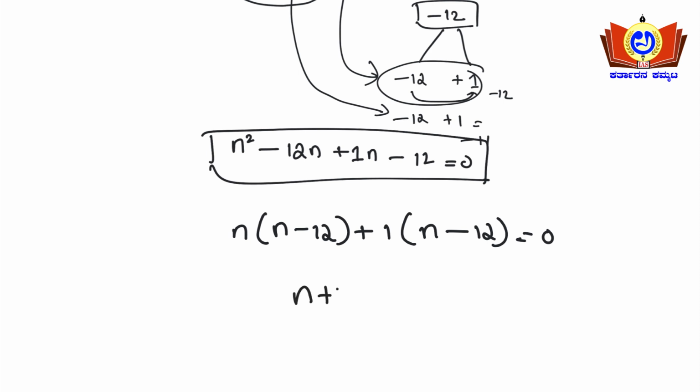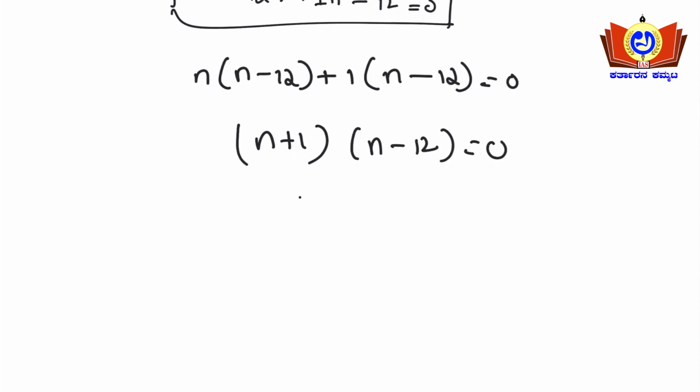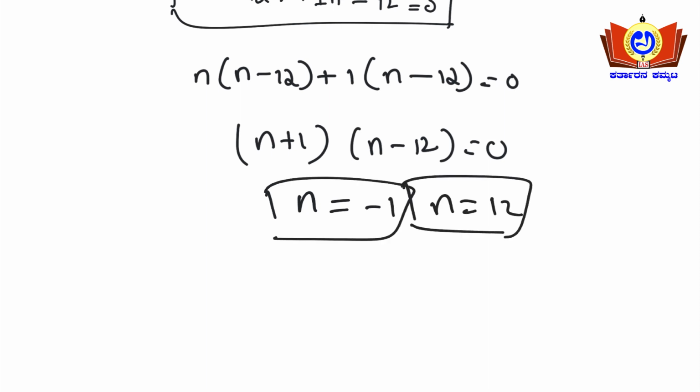So n plus 1 or n minus 12 will be equals to 0. So n will be minus 1 and n will be 12. So minus 1 will not be the answer. So n equals 12 is the answer for this.